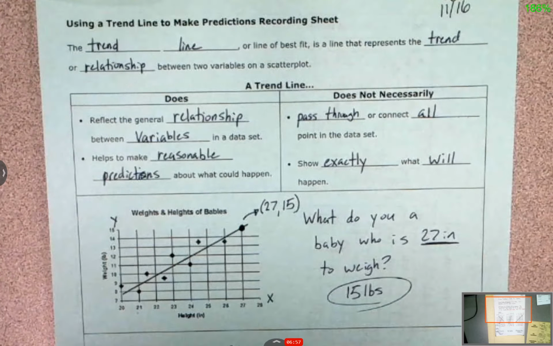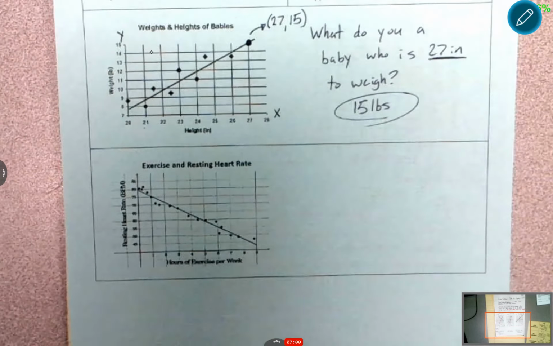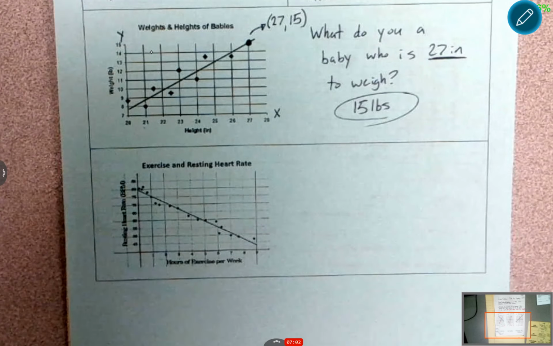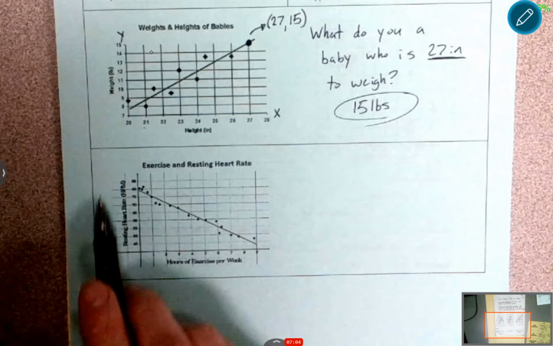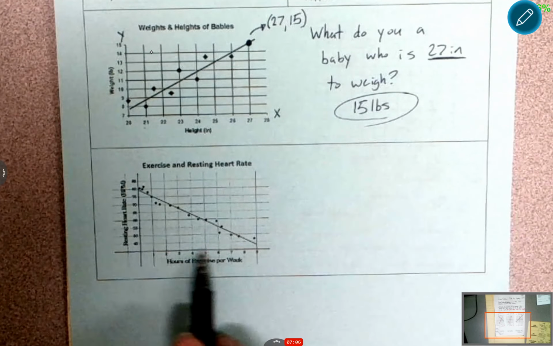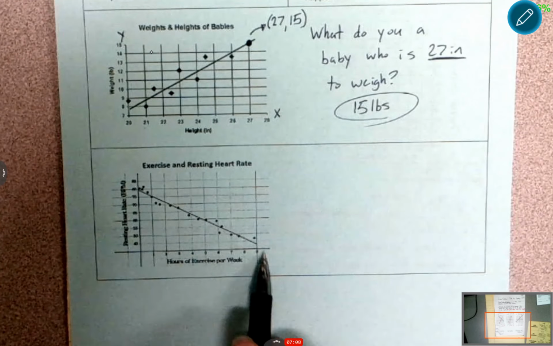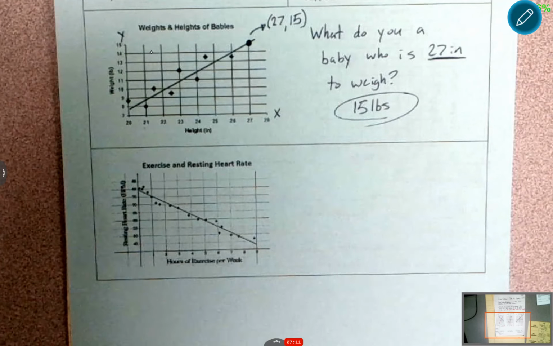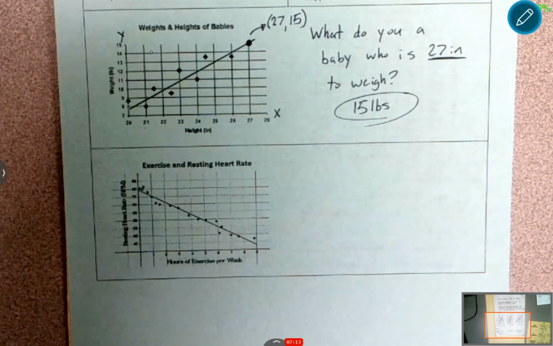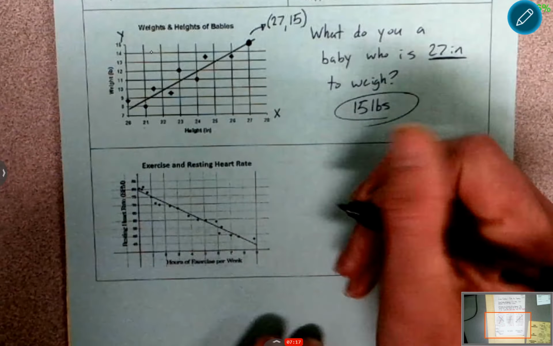Let's look at another example. Here we have an example of a resting heart rate dependent on the number of hours of exercise a person gets. So I'm going to ask a different question here. Let me see if I can find a really good point that's going to illustrate this. Perfect.